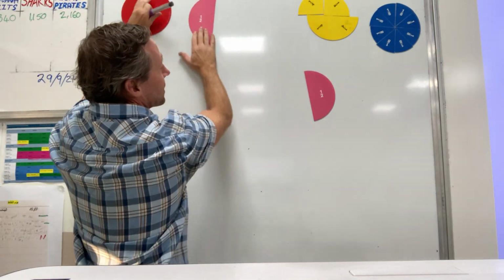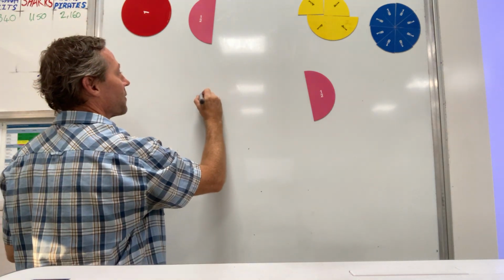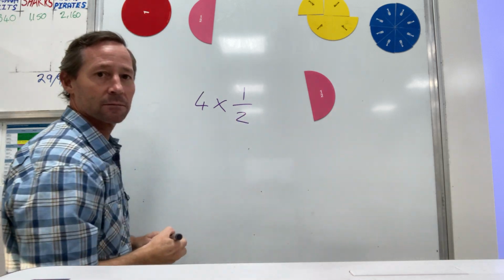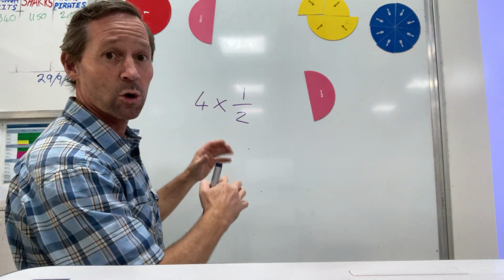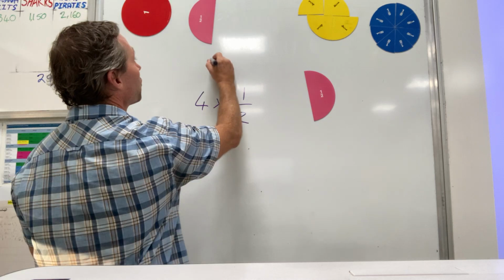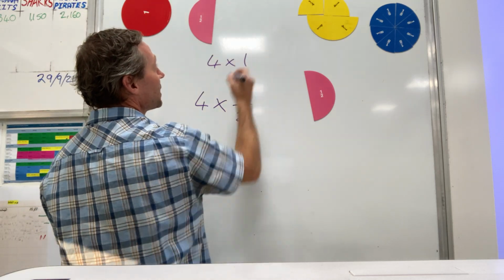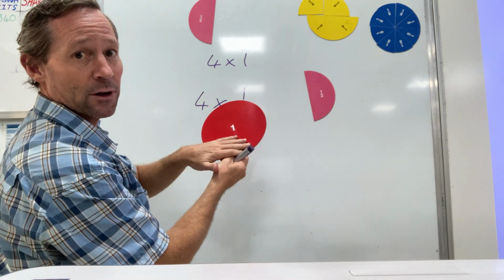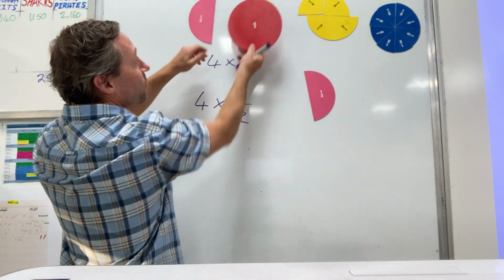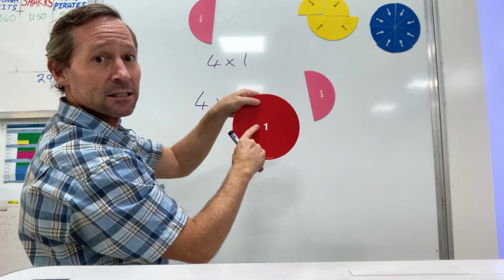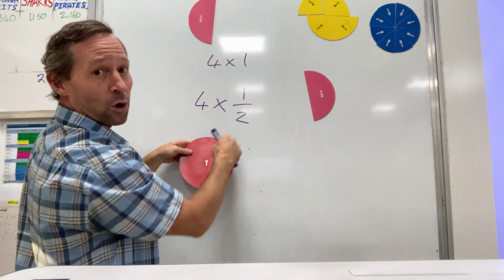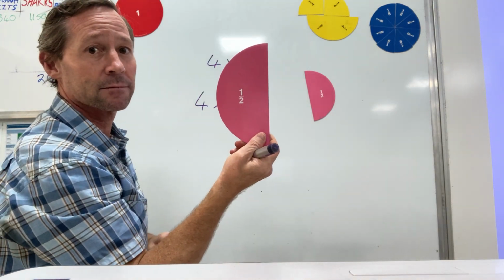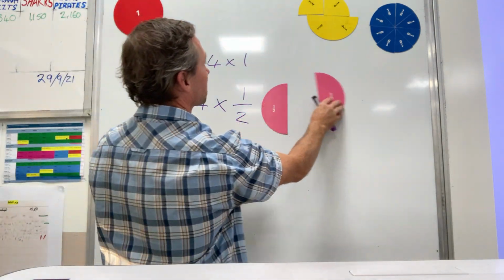What about when Mr. Blair says 4 times a half? 4, so it's having like 4 halves. If I had 4 times 1, it'd be 4 whole pizzas. So if you had 4 times 1, 4 of these, you'd have 4 pizzas. When we do 4 halves, I need 4 of these. So that'd be 1.